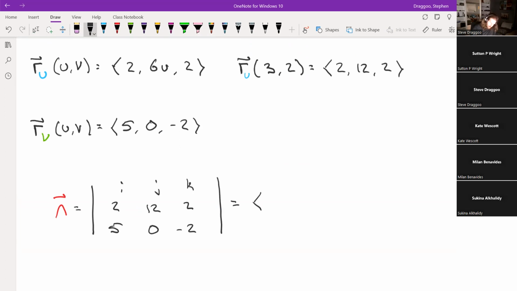And that cross product I get is negative 24 minus 0, and then 10 minus negative 4, and then 0 minus 60, right? 5 times 12 is 60. I'll simplify that and get negative 24, 14, and negative 60.